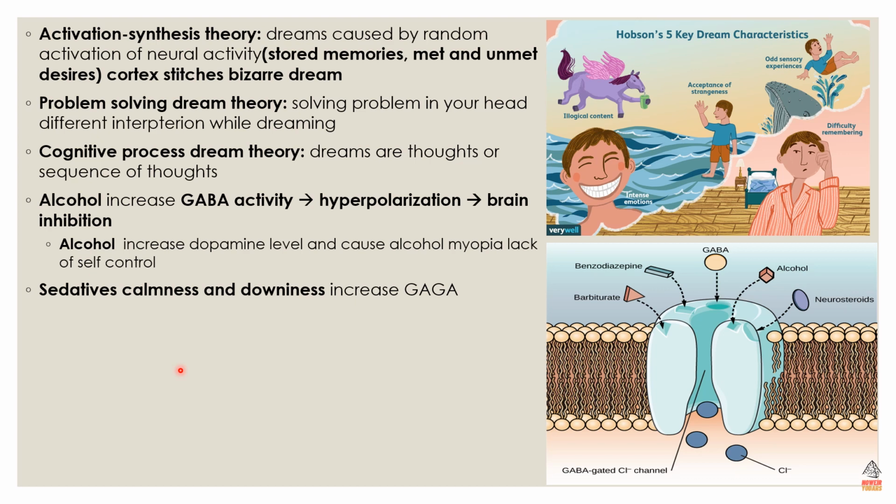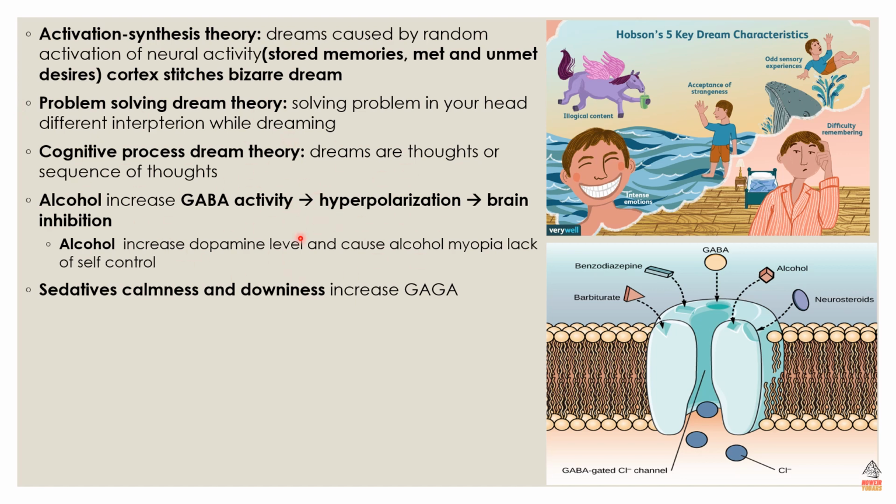Problem-solving dream theory is when, before you go to sleep, you're thinking about a problem, say, 1 plus 1, what is the outcome? And then while you're asleep, you solve that in your head, maybe because you think of different interpretations for it. Next, you have the cognitive process dream theory.